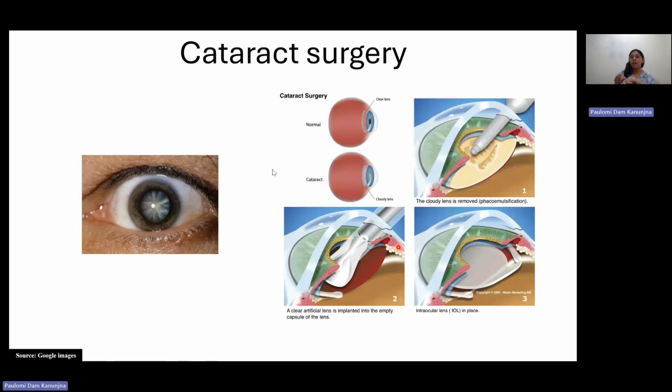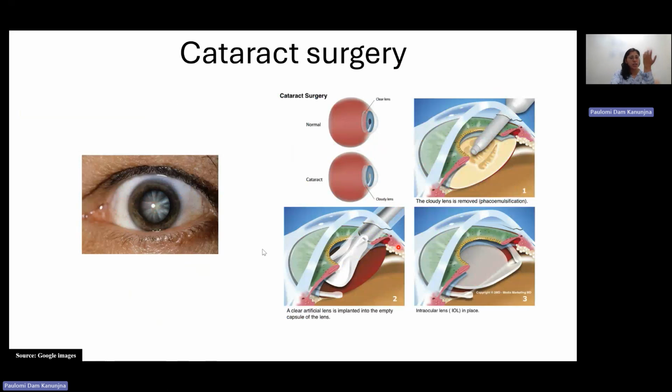But over a period of time, you get protein aggregation in the eyes. Simple to understand: you don't want any hindrance in the pathway of light, and this protein aggregation is a hindrance. It will not allow light to pass. So in old age, protein aggregation in the lenses leads to the cloudy appearance of the lens.